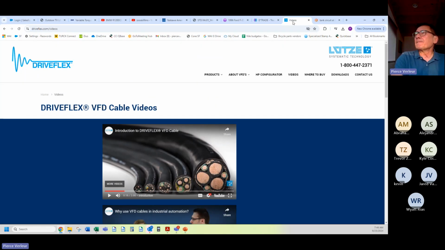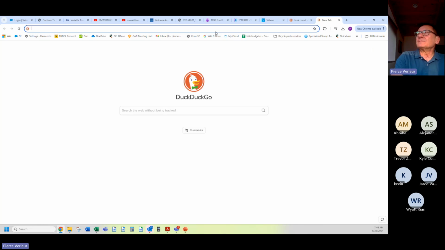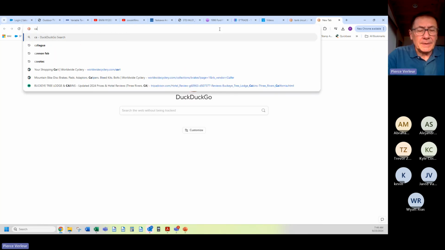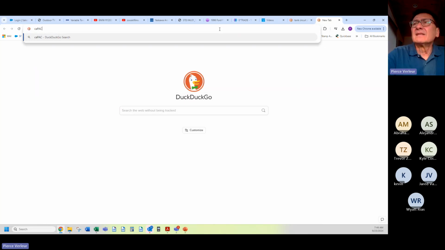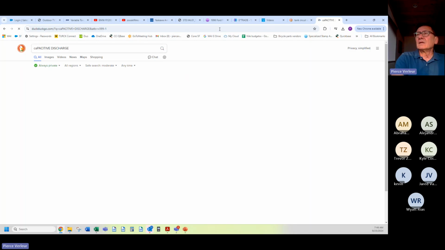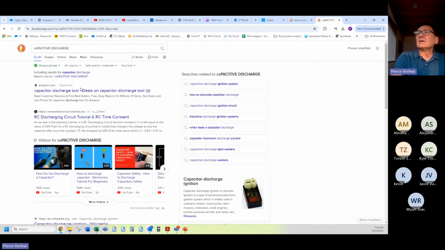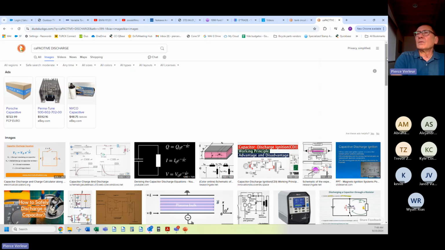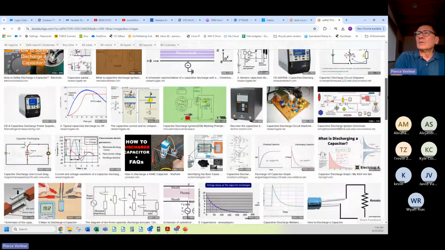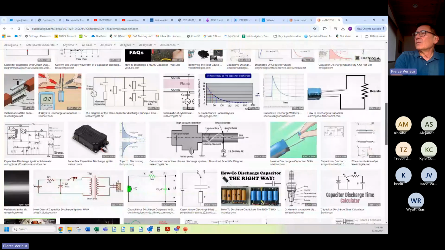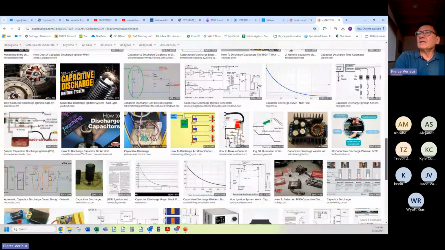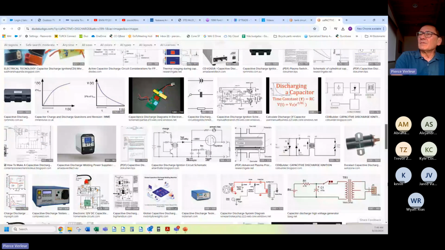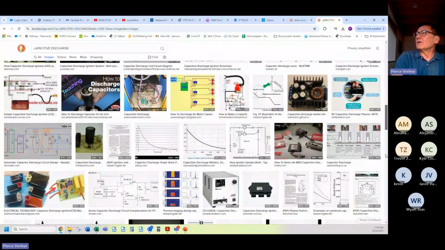That's easy to do. Go to good old Google. Capacitive... it didn't give me the right image that I'm looking for.